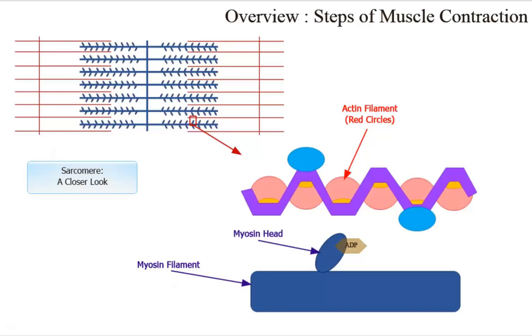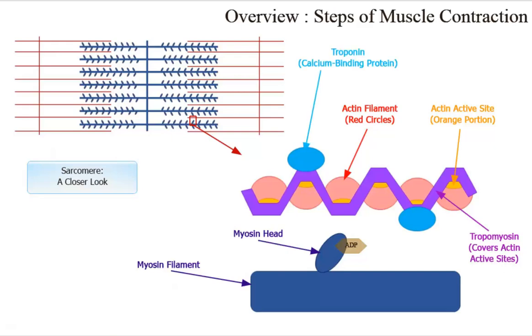So what I wanted to go over is the fact that the actin filaments have active sites that are covered by a molecule called tropomyosin. And tropomyosin has a protein on it called troponin, which is a calcium binding protein. So it's important to know what these terms mean as we go through the steps.